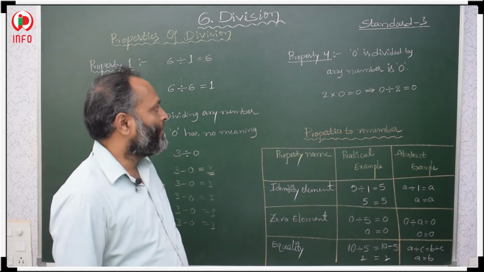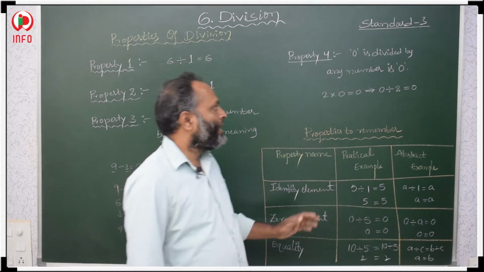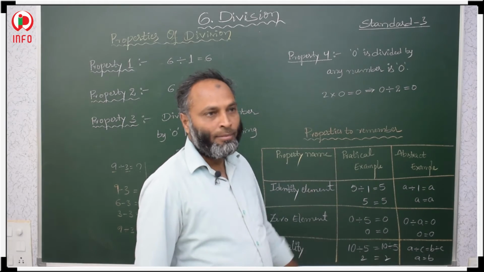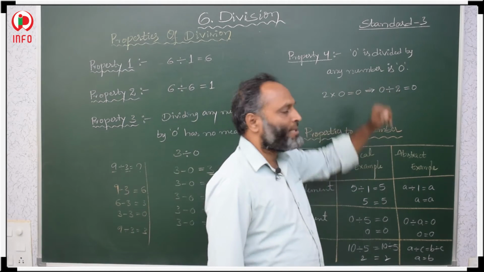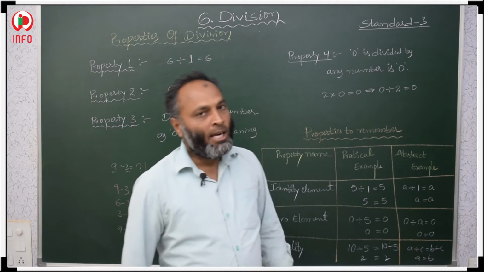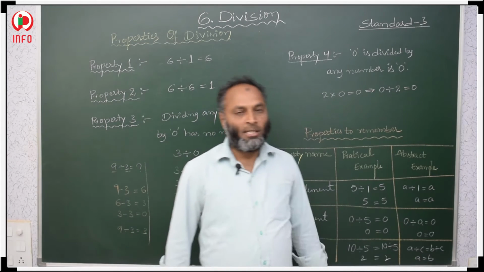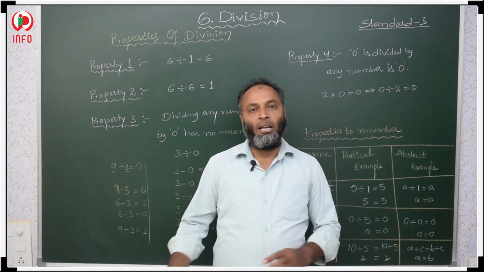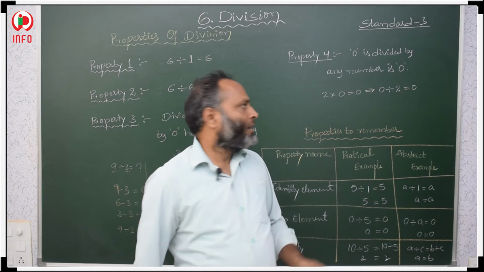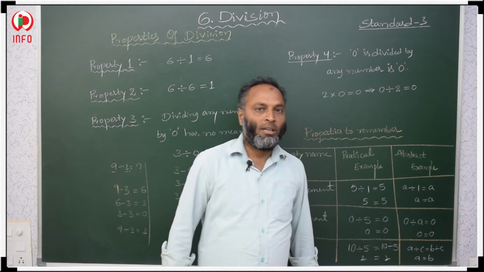So, the fourth property: if 0 is divided by any number, the answer is 0. How is it so? Multiplication facts and division facts. Multiplication and division are opposite to each other.